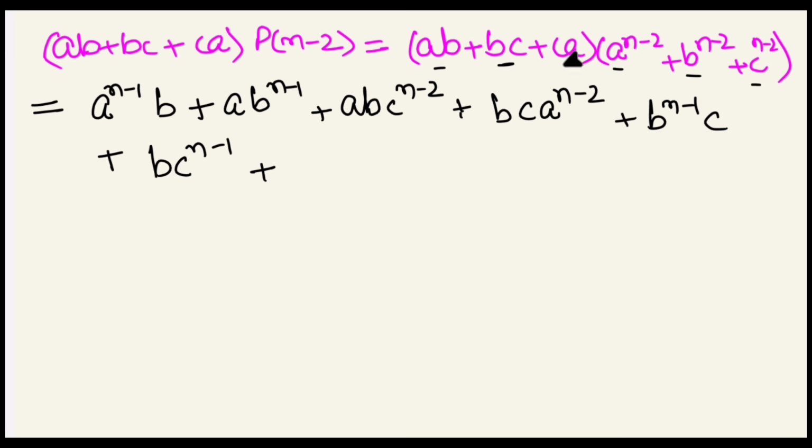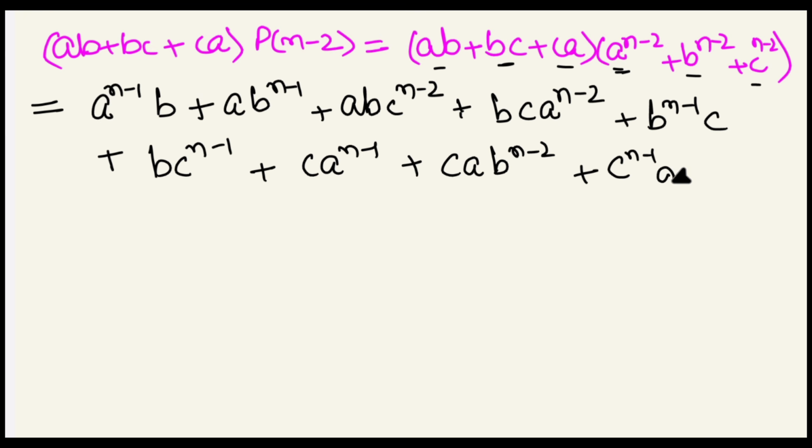Similarly for the third term, ca into a to the power n minus 2 will become ca to the power n minus 1, plus ca into b to the power n minus 2, plus ca into c to the power n minus 2. This will be c to the power n minus 1 into a. So this is our second term. We have 9 terms here: 1, 2, 3, 4, 5, 6, 7, 8, 9.